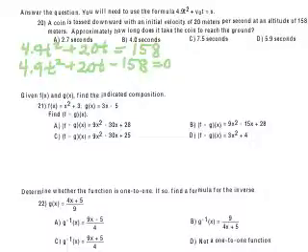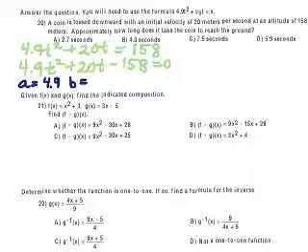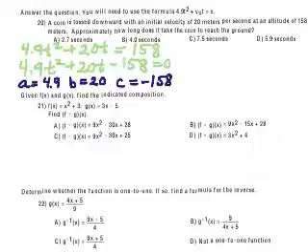Okay, so let's make a note of what our a is: 4.9, our b is 20, our c equals a negative 158. And we know what our quadratic formula is from the last one.